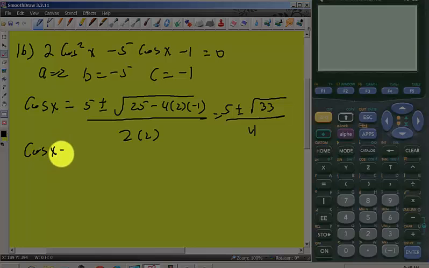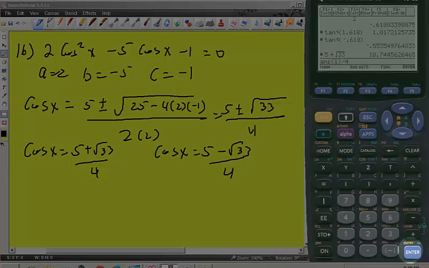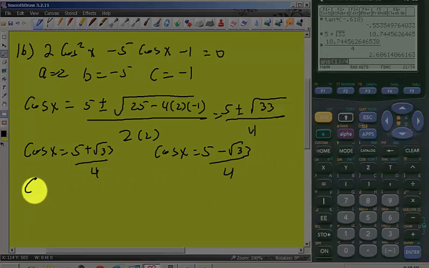So I have two solutions. I have cosine of x is equal to 5 plus root 33 over 4, and cosine of x is equal to 5 minus root 33 over 4. Let's crank this out. 5 plus root 33, divided by 4, gives me cosine of x is equal to 2.686.